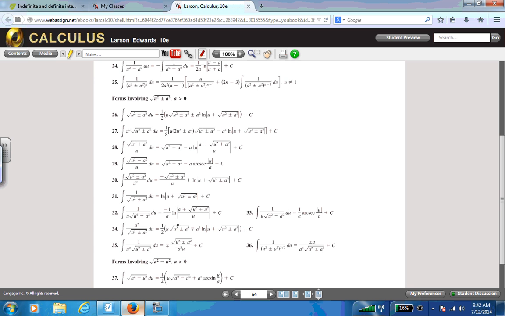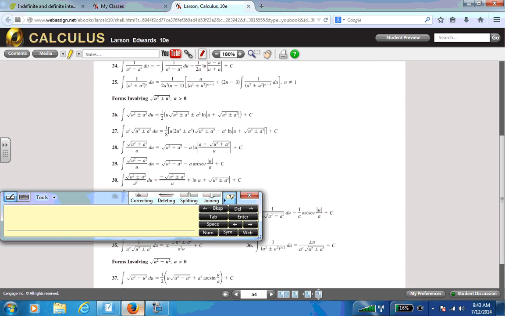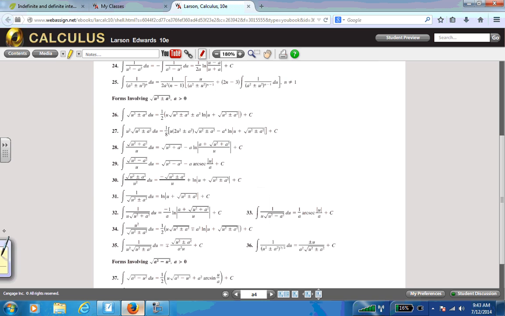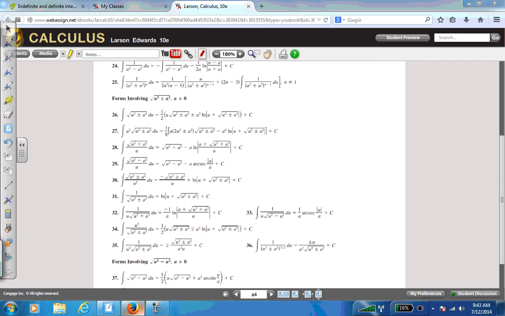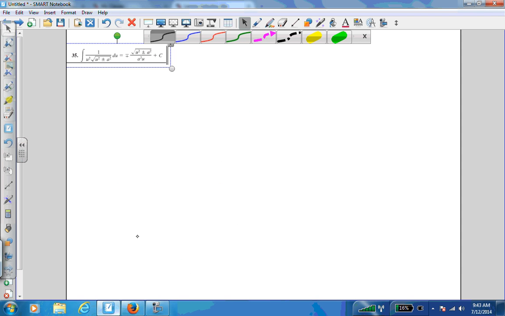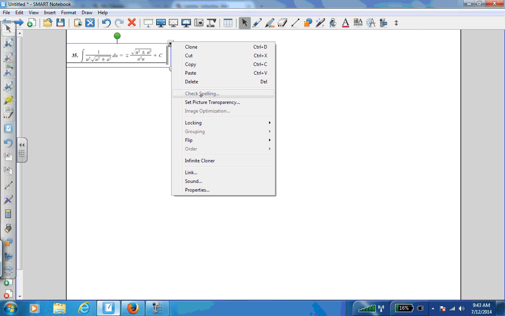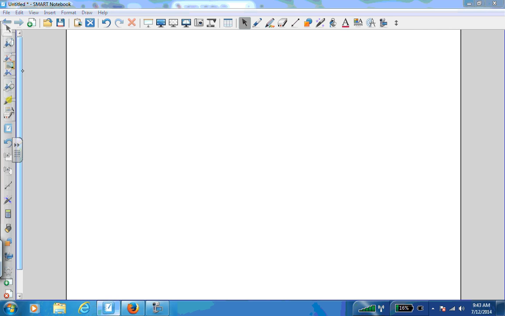If we look down through here to 35, that looks like it could be similar to what we have. Until we determine exactly what our u is, we may not know for sure. But once we pick our u and do our substitution, then we can determine for sure if it is the correct formula.